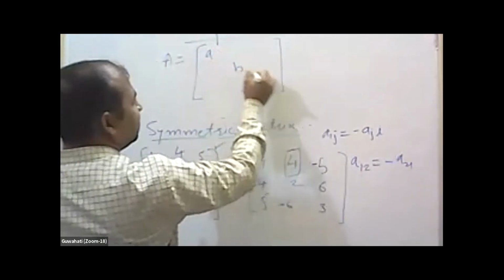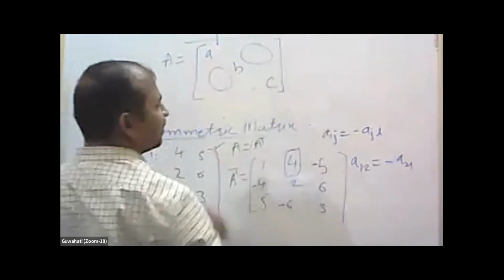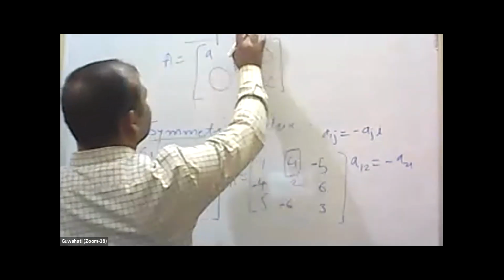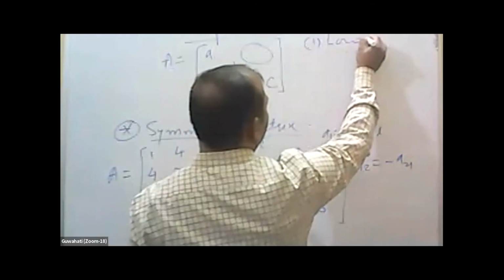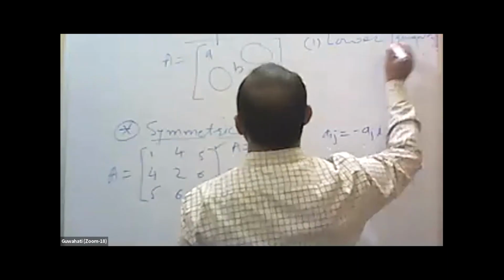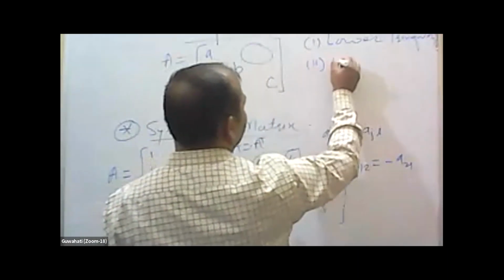Suppose this is A, B, C. Either this part has to be 0 or this part has to be 0. In a triangular matrix there are two types, called lower triangular, and why we call it triangular, I will also explain, and another called upper triangular.